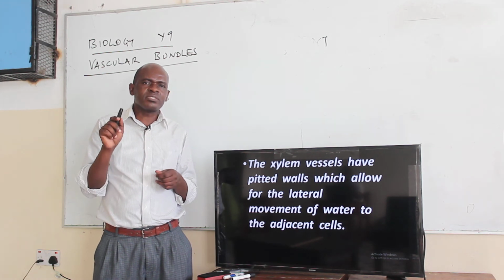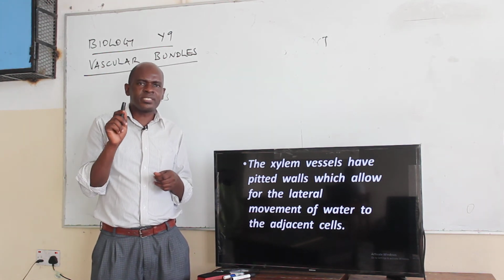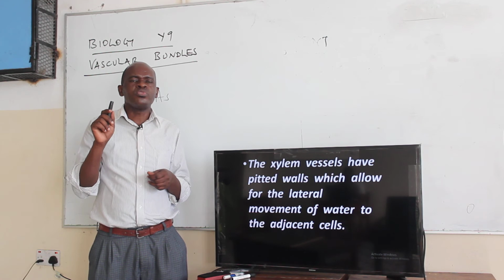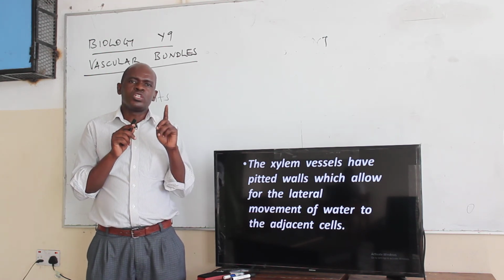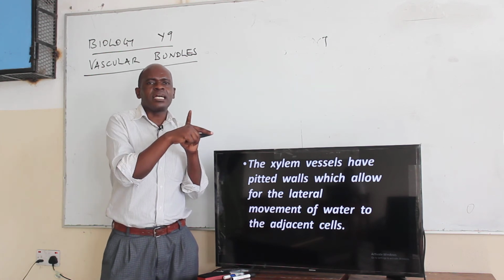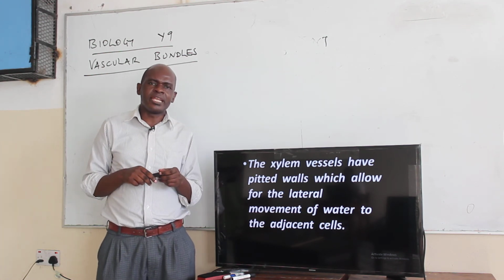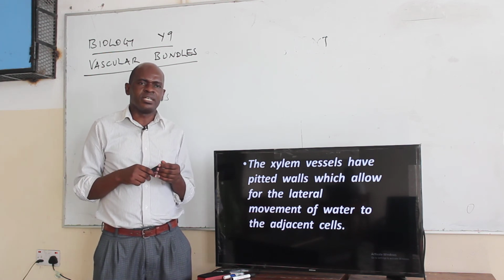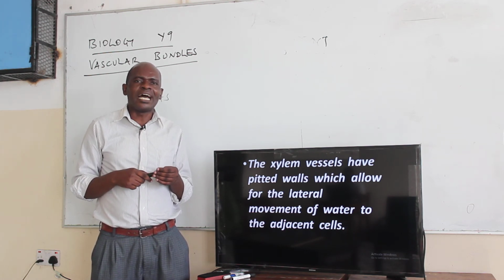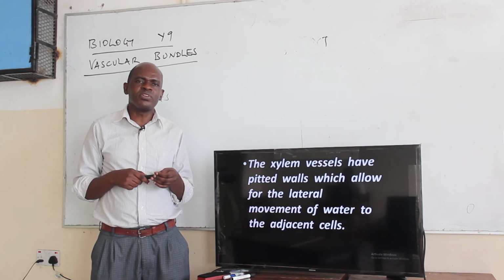So the xylem contains the pits which allow the water passing through the xylem vessels to reach the neighboring cells. So all the cells surrounding the xylem vessels will access the water.